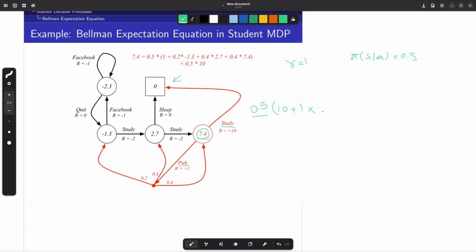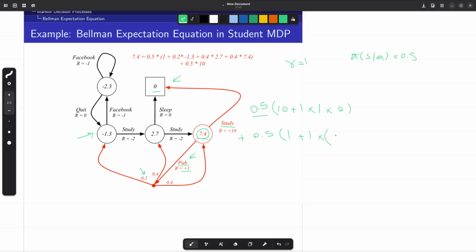So with 100% probability, I'm going to get in this state, whose value is 0, plus the probability of choosing action pop, so 0.5, times the reward that we get from choosing that action, which is plus 1, plus our discount factor, times, whenever I choose action pop with 0.2 probability, I go to this state.